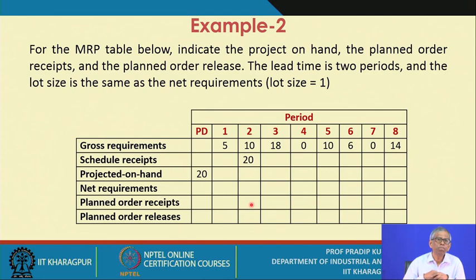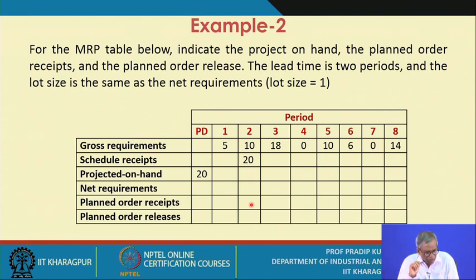So again you have to go further down, and constantly monitor the current situation with respect to the work orders and the purchase orders, and accordingly their effects on the inventory levels of a given item.